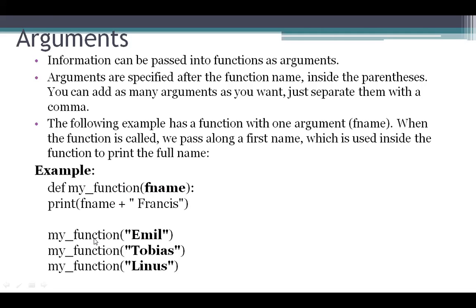When we are calling that function, we are passing the value Emil. So when this function call happens, that Emil will be substituted for f name. So it will print Emil Francis. Plus is a concatenation operator. Second time when we are calling, it will print Tobias Francis. Third time, it will print Linus Francis.